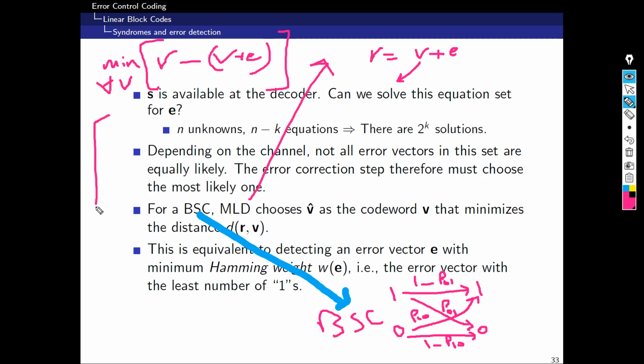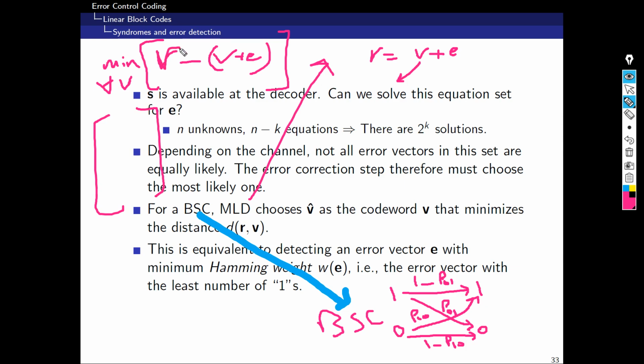You already have the possible code words that you think the transmitter might have transmitted. You have all the values of V that the transmitter can choose and transmit to represent the message. So what you do is you search for the value of V that can minimize this result.